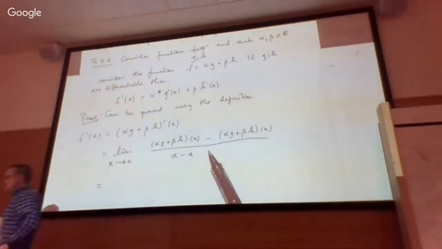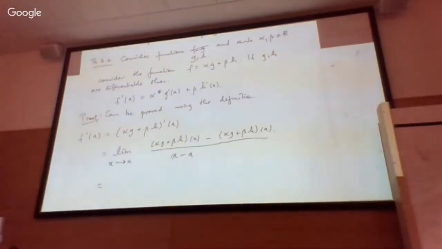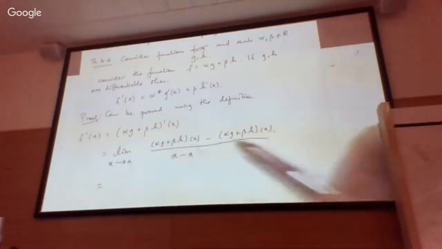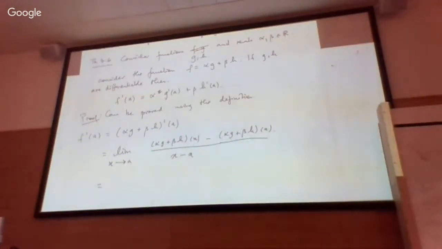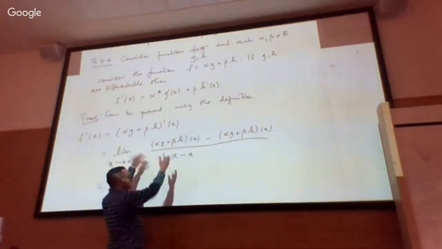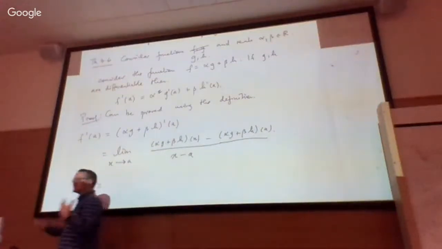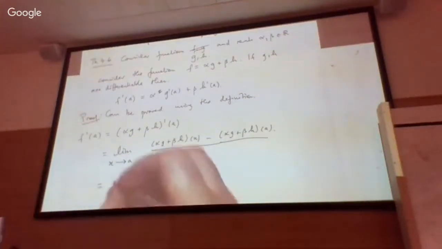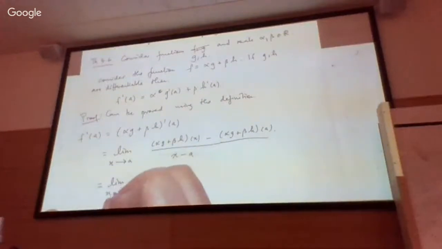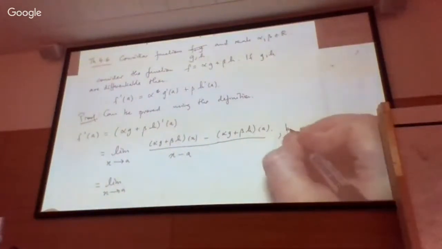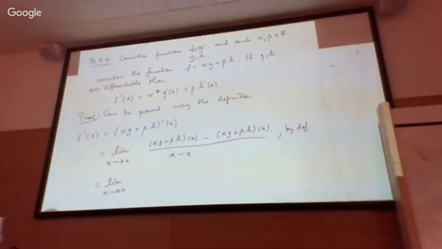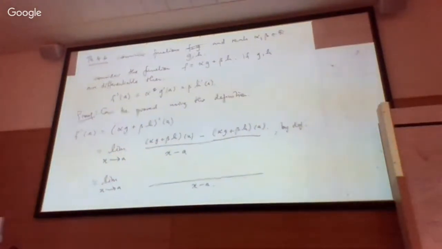So the natural inclination, telling us what to do, is: if we want to make this whole thing look like this, we can start to move towards that by separating out the g and the h. Gather all the g stuff together and gather all the h stuff together. Disentangle it. Okay? So that's true just by the definition. There's not much we can do to the denominator at this stage, it's just x minus a.